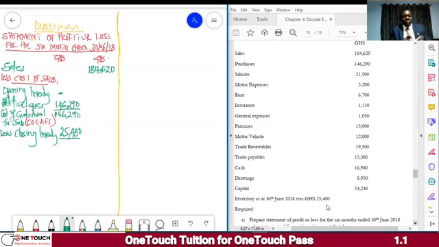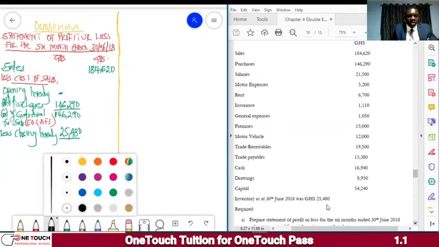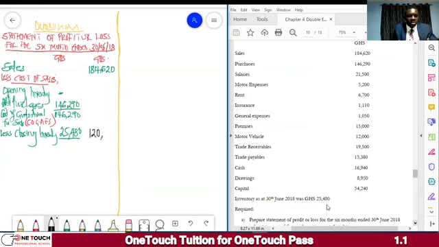Great. Now, when that is deducted from this, what do we get? So I have my calculator here. 146,290 minus 25,480 gives me 120,810. Good. Now, we deduct this because we have sold goods. We are comparing the cost of the goods sold to the amount we realized from the sale of that goods.